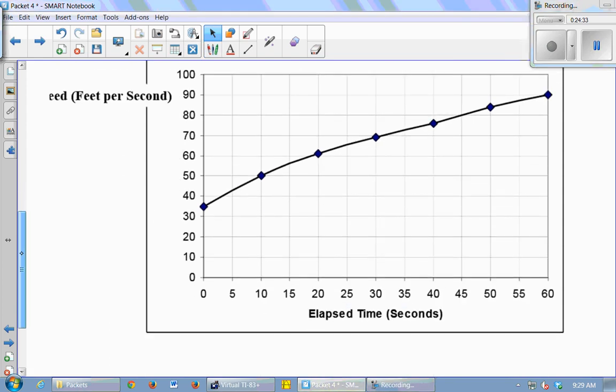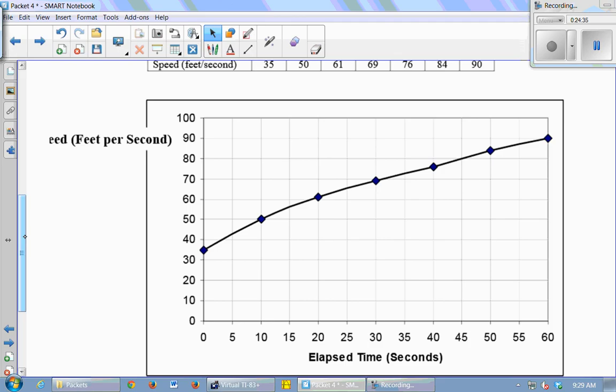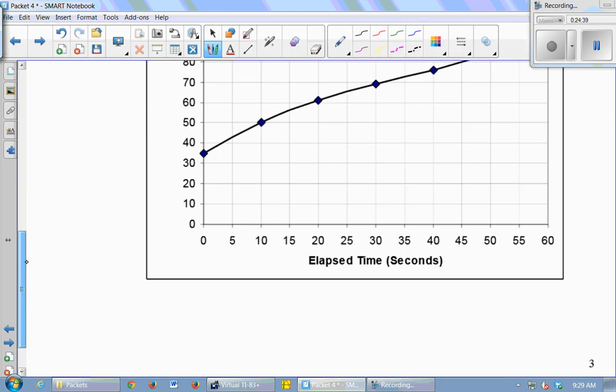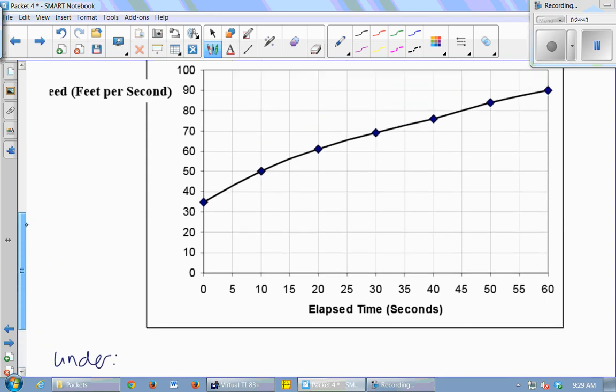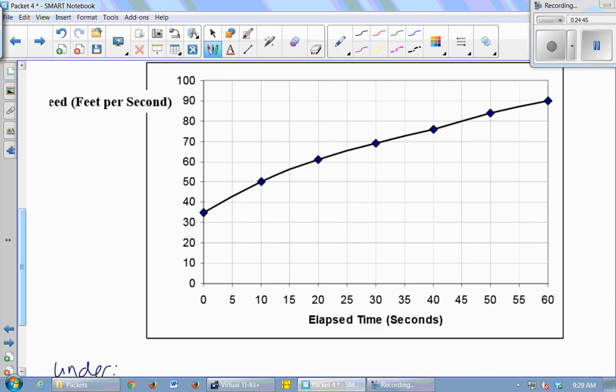All right, so let's look at this graph. If we want to get an underestimate, which endpoints of the intervals should I look at? The left endpoint or the right endpoint?